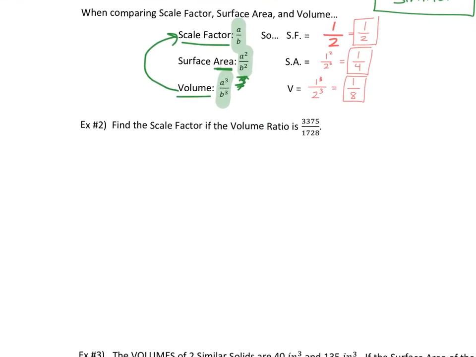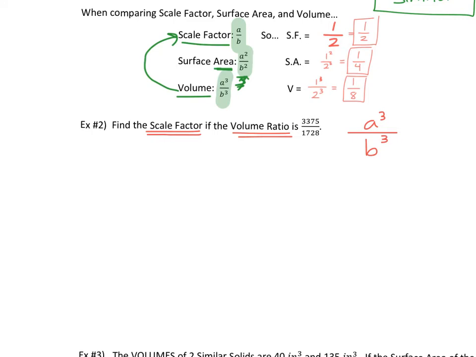Okay, so let's say instead of giving us a scale factor, we're going to find the scale factor and they give us the volume ratio. Well, if they give you the volume ratio, you have to think about what has happened to it. Okay, a volume ratio is some number cubed over some other number cubed.